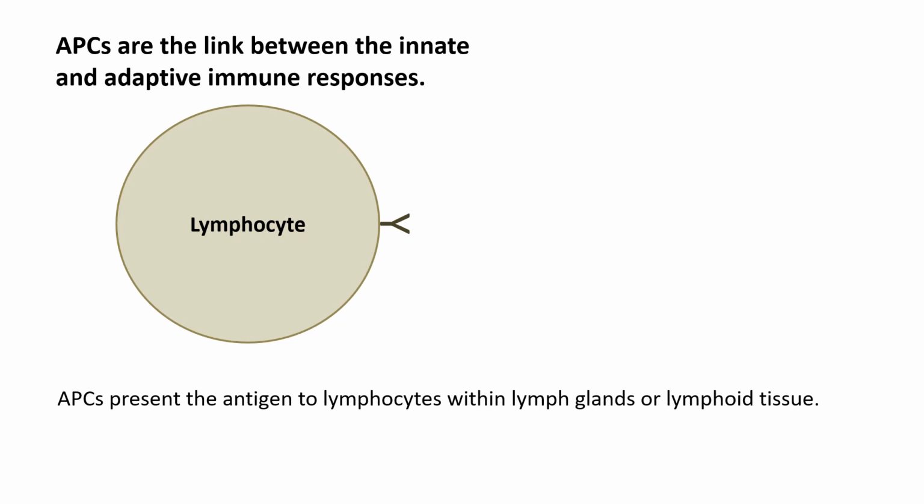And as we've said, APCs, antigen presenting cells, are the link between the innate and adaptive immune response. So the antigen presenting cells present this antigen mounted in MHC to lymphocytes, so it needs to go off and find some lymphoid tissue, find a lymphocyte and present it to the lymphocyte. This will happen within lymph glands or lymphoid tissues such as SALT or MALT.